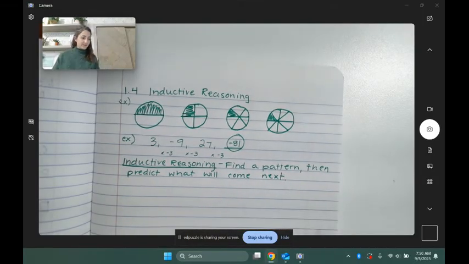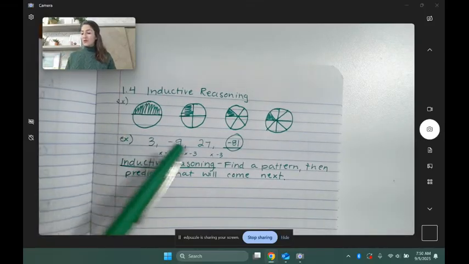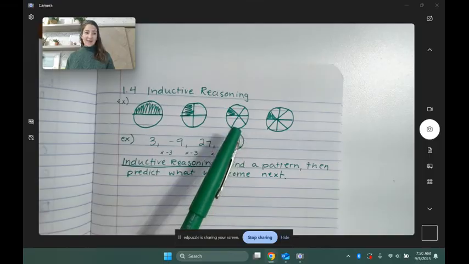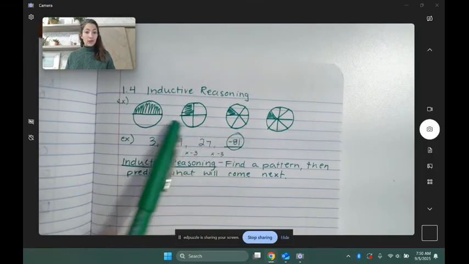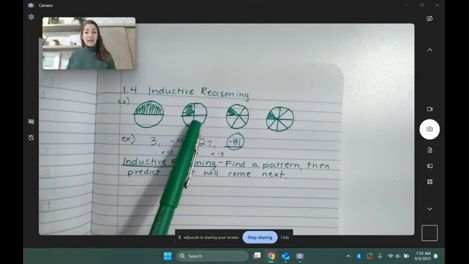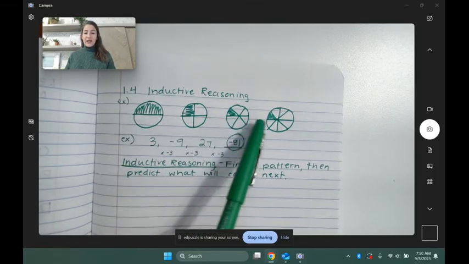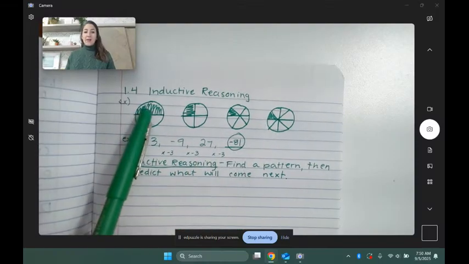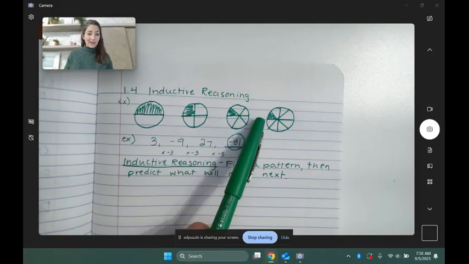Okay. And when you find your pattern, so like with this one, we found every time it's going to have 2 more pieces of the pie, or you added 1 more line to cut open the pie, however you want to say that. And the top left pie piece was colored in.